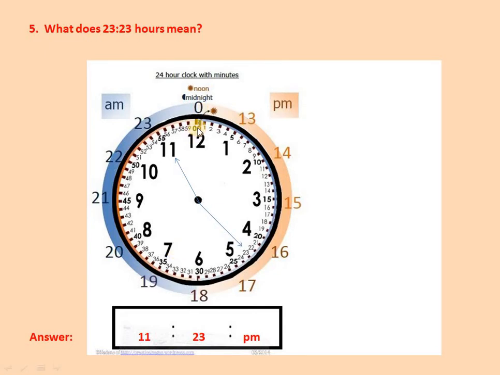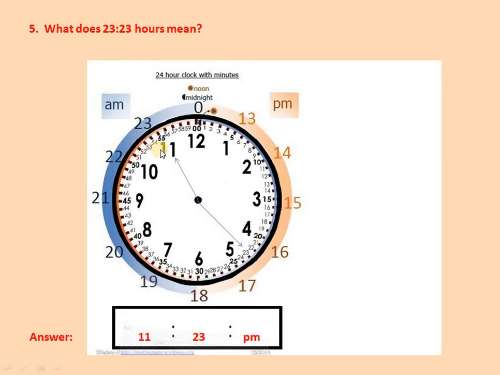Then 12, and after 12, it starts counting from 13, 14, 15, 16, 17, 18, 19, 20, 21, 22, 23, and when it comes back again to 12, it will complete 24 hours.